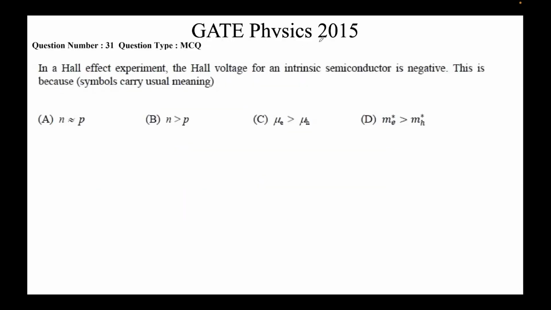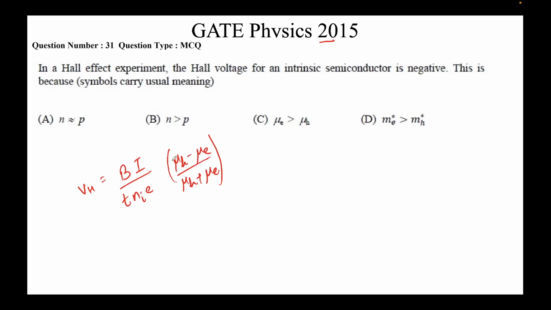Coming back to the question that we were given, we saw that the expression for Hall voltage was Bi upon TNIE times mu H minus mu E over mu H plus mu E. So we saw that the Hall voltage was not zero.